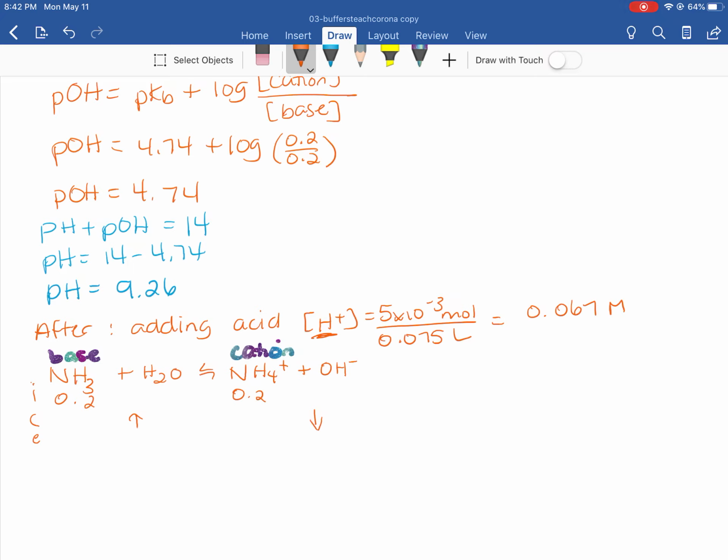So if the hydroxide decreases, then it's still going to shift to the right to make more. And both of those are equivalent. It doesn't matter what you think of. And really, because we're doing the Henderson-Hasselbalch equation, we don't need concentrations for water. We don't need concentrations for hydroxide. We just need the base and its conjugate acid or the cation. Okay, so I'm going to write all that down.